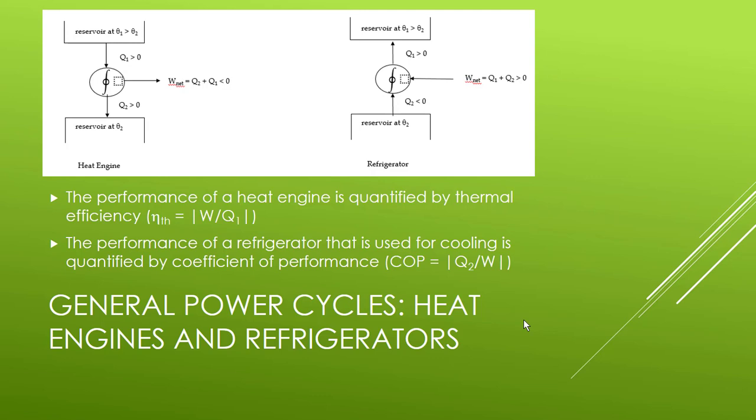If we use the refrigerator as a heat pump, then we're going to be looking at Q1 compared to the W. But in each case, it's the goal divided by the cost. And we always take absolute values so that we get positive answers. Now for thermal efficiency, this answer will be between 0 and 1. For coefficient of performance, we expect the answer to be greater than 1.